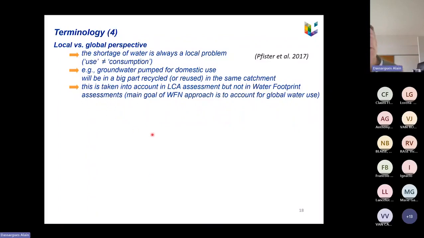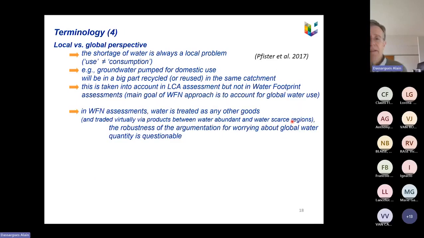And that can be taken into account in the life cycle assessment if it is well done, but not in the water footprint definition, as we don't distinguish between use and consumption. In fact, what is done in the water footprint assessment is to treat water as any other goods, and we can in fact question a little bit this approach for water, because is it so important to worry about the global water quantity at the global scale of the earth?